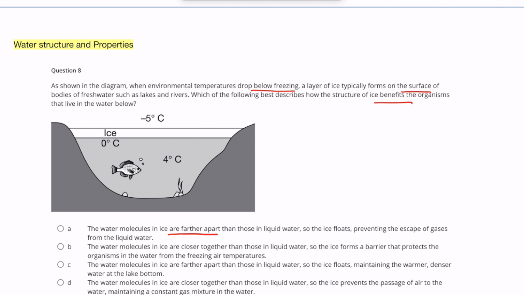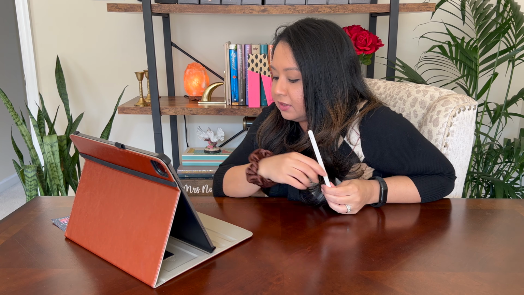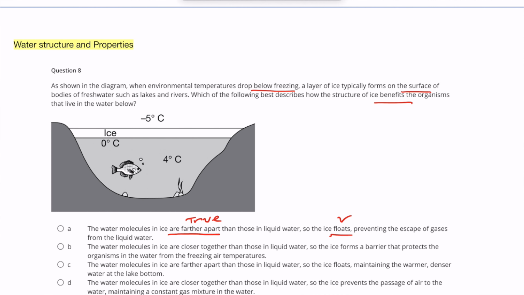So A says the water molecules in ice are farther apart than those in liquid water. So far true. If you know what happens in ice, water kind of spreads out further apart because they're forming those crystalline structures. So the ice floats.